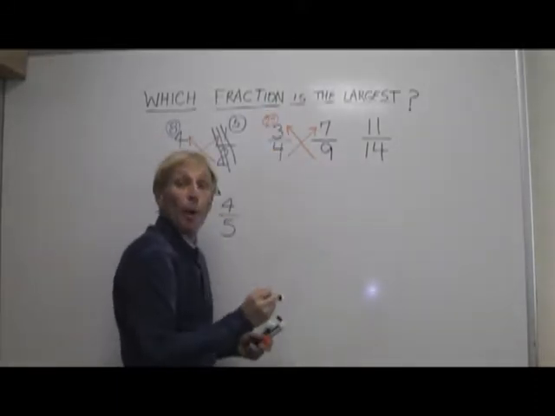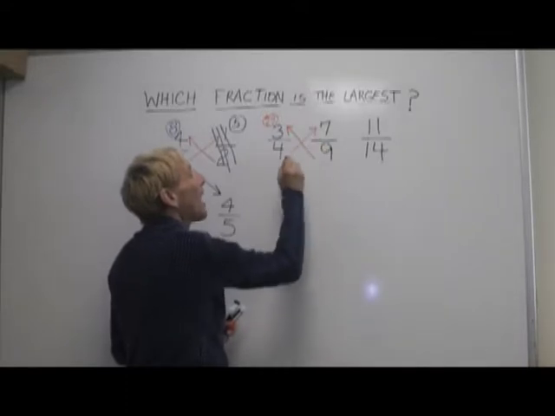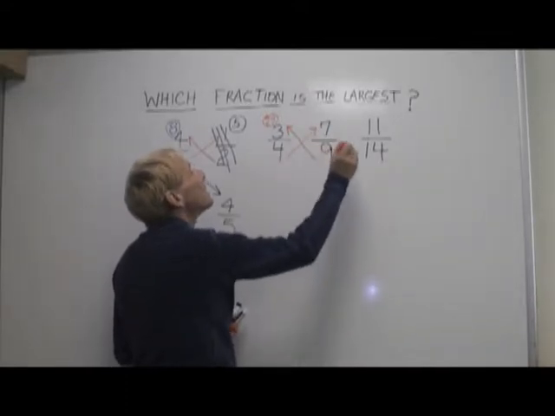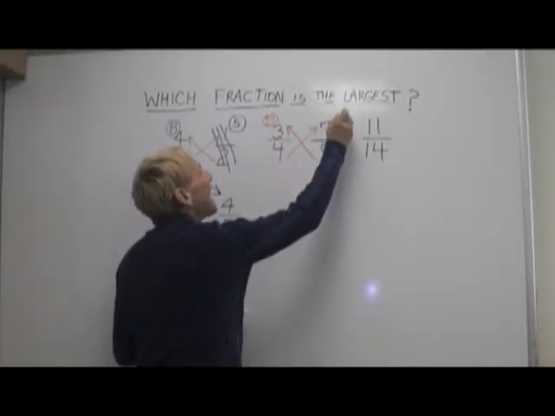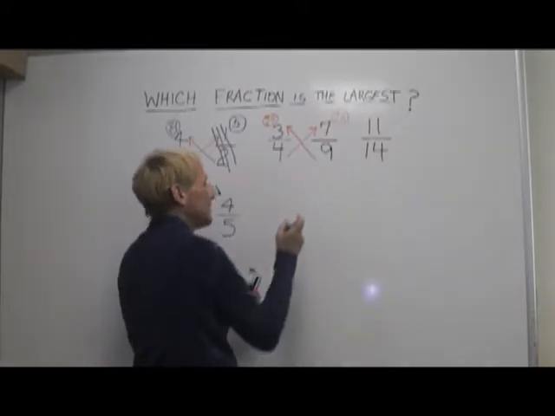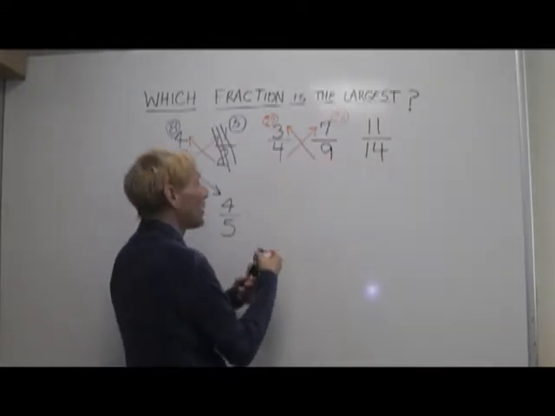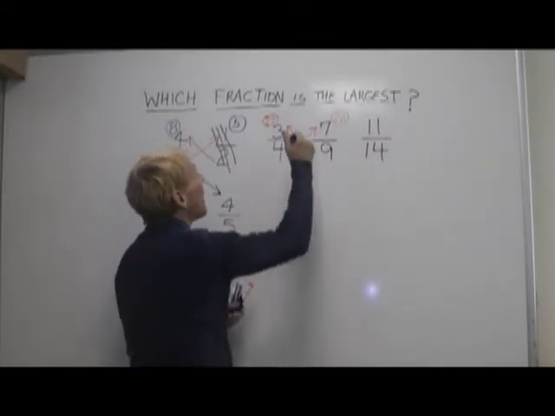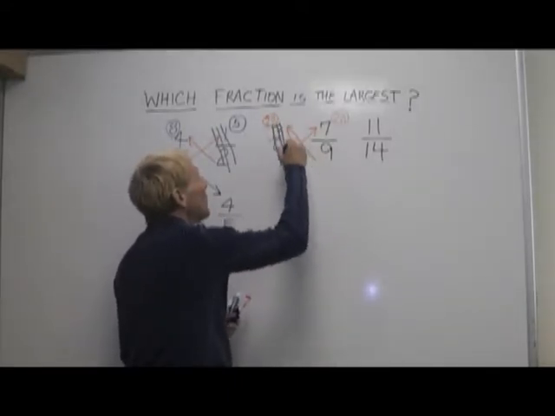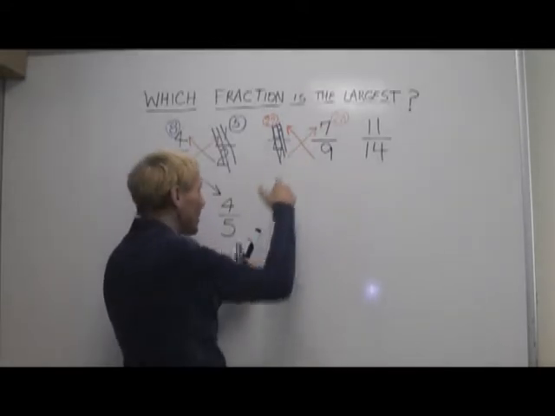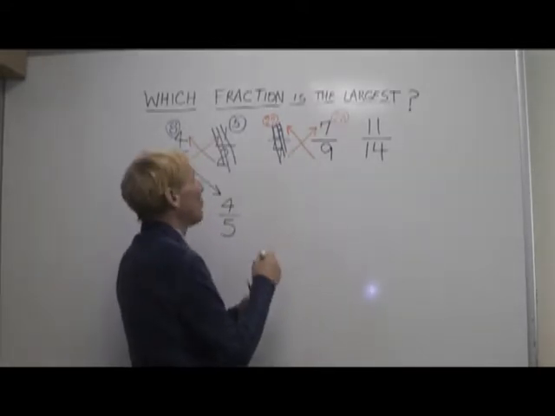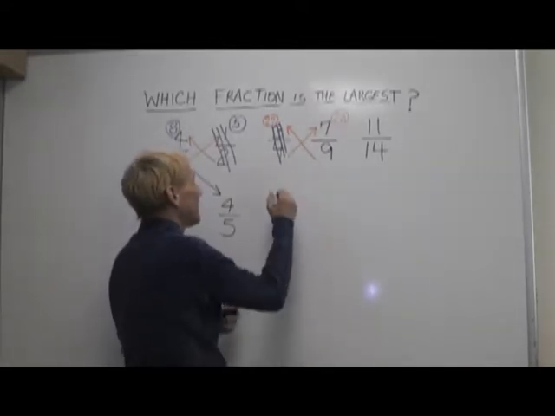Remember where we multiply, bottom to top, 4 times 7 is 28. So just by a little bit, 7/9 is larger. So I could cross out the 3/4. 7/9 was just a little bit larger. And I'll bring down the 7/9.